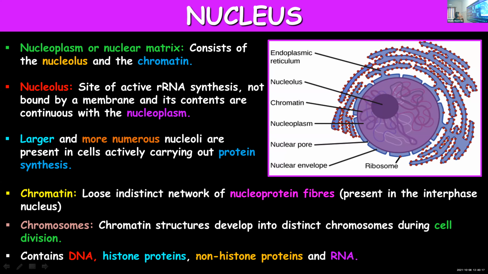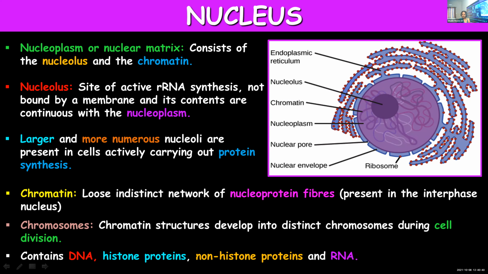Nucleoplasm is the matrix present inside the nucleus. It contains nucleolus and chromatin. The number of nucleoli can differ. It can be one or more. These are the sites of ribosomal RNA synthesis. They do not have any membrane covering, so the contents are continuous with that of the nucleoplasm.